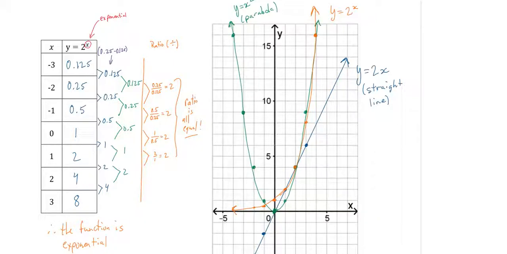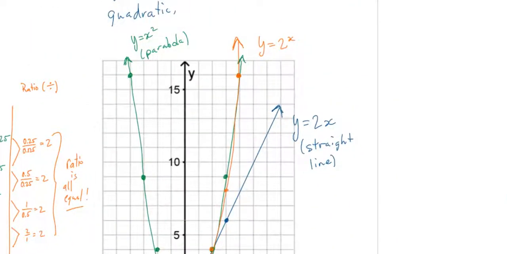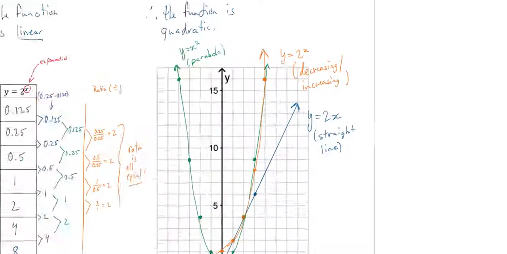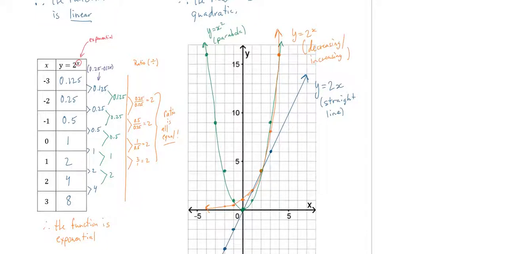And that's how you could recognize, what if I just gave you the graph and you had to decide which of the 3 it was? Well, if it's a straight line, it's linear. The equation would have an exponent of 1. If it's a parabola, it's quadratic. The x would have an exponent of 2.